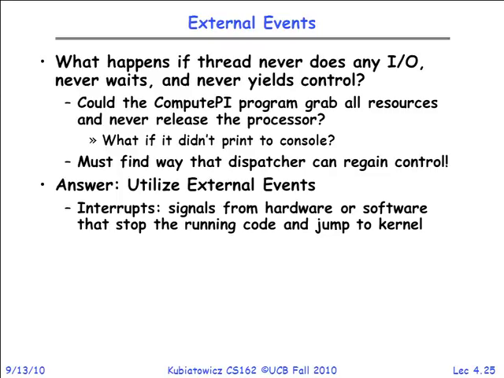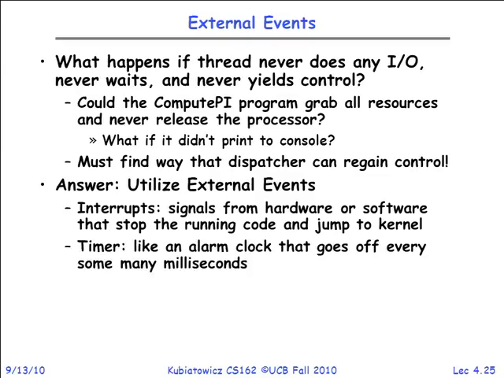So this is a kind of hard grab the CPU away. Doesn't matter what it's doing, stop now. Okay, I have control. And timer. Every machine pretty much has a hardware timer these days, and that hardware timer maybe goes off every 10 milliseconds or 100 milliseconds. And when that timer goes off, the thread is essentially forced to yield.